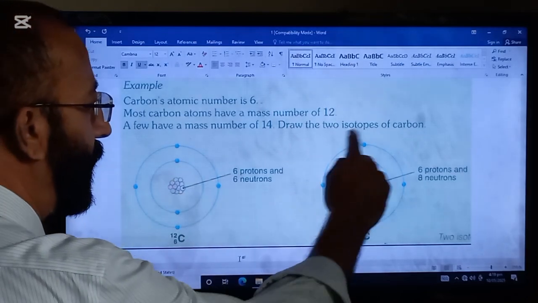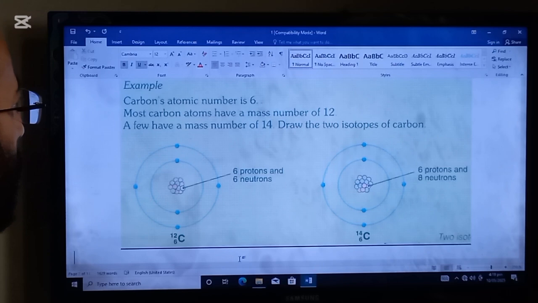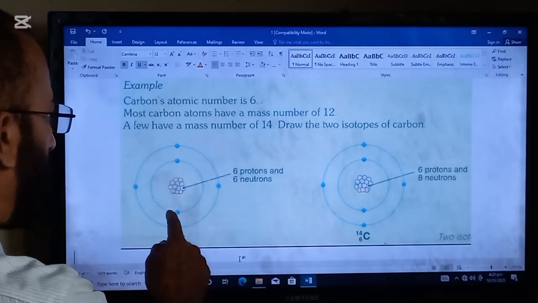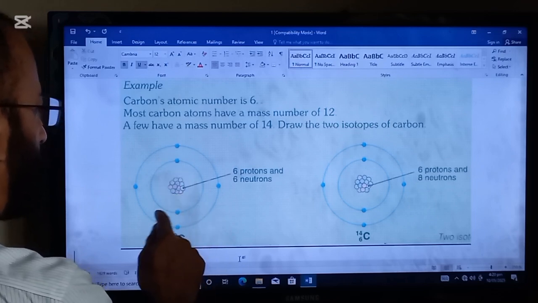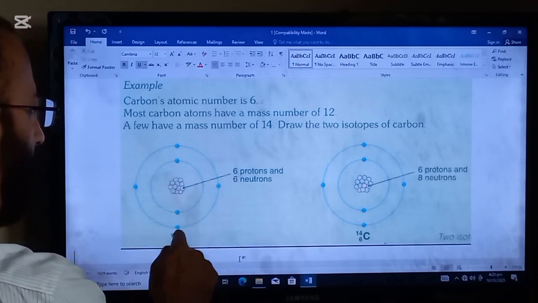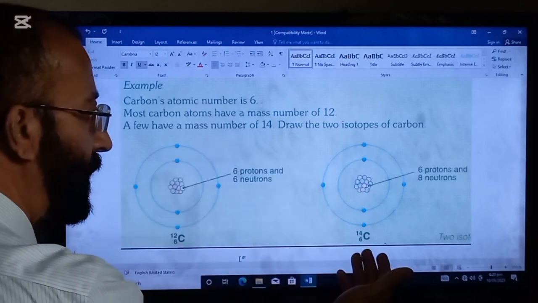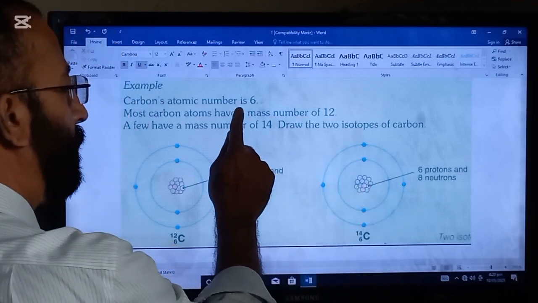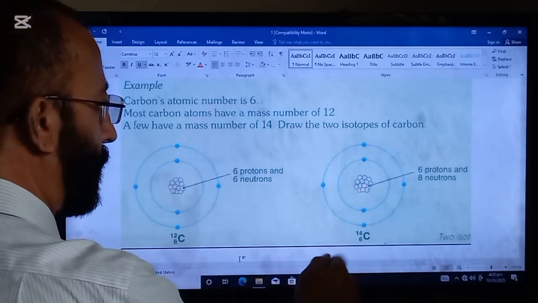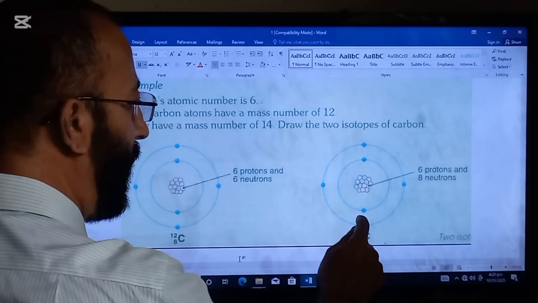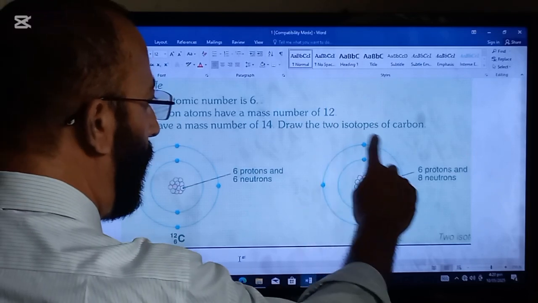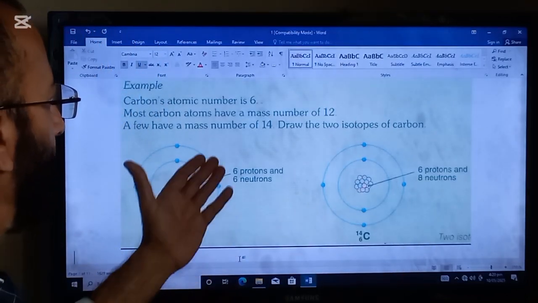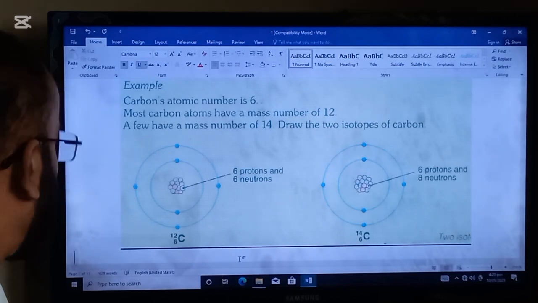There will be 2 shells in each isotope and electrons will be 6. So the first shell will have 2 electrons and the second shell will have 4 electrons. Likewise in the second isotope, that is carbon 14, again because the proton number is 6 in both isotopes, 2 electrons will be placed in the first shell and 4 electrons in the second shell. So these are the isotopes.